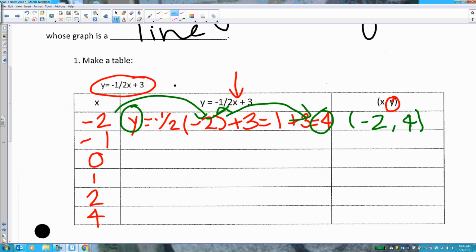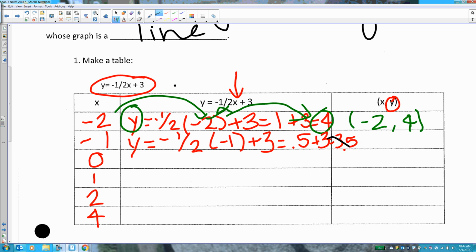And you're going to do that all the way through on all these numbers. And you can use a calculator if you need to. So y equals, using the same equation, -1/2 times -1 plus 3. So -1/2 times -1 is 1/2. Plus 3 is 3.5.